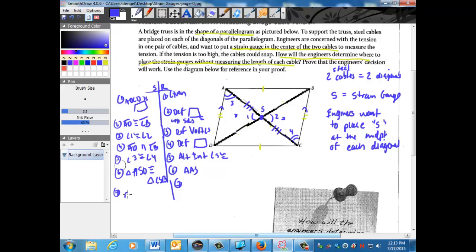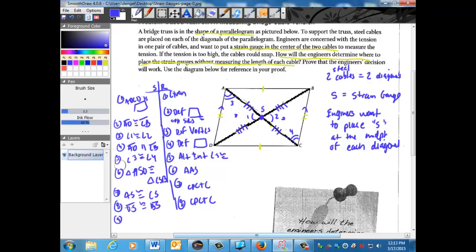So I get to say that AS is congruent and equal to CS. That's by CPCTC. And 8, I get to say that DS is congruent and equal to BS, and that's also by CPCTC. And so we'll put 4 marks here and 4 marks here.